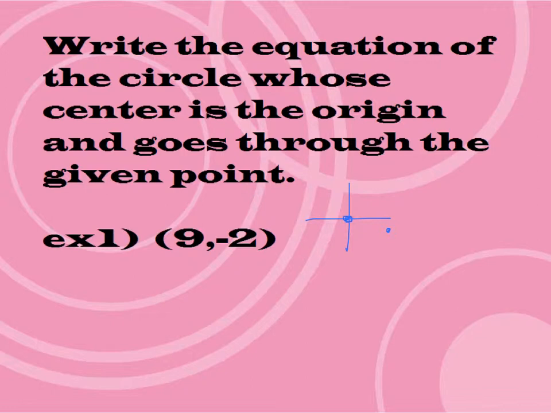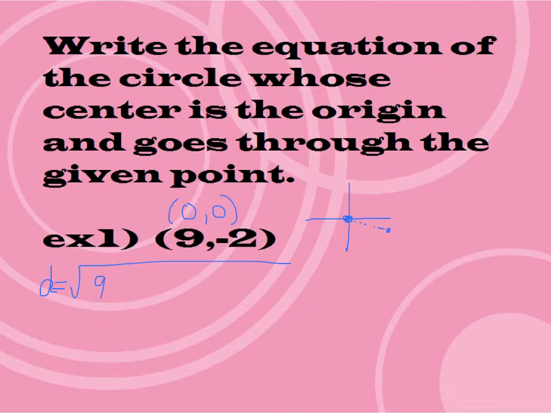Well, if I need to know this radius, I'm just going to do a little distance formula. So we'll be doing distance formula several times on these circles to find that radius measurement. So refresh your memory on that distance formula. We're going to find the distance between the origin and the point 9, negative 2.